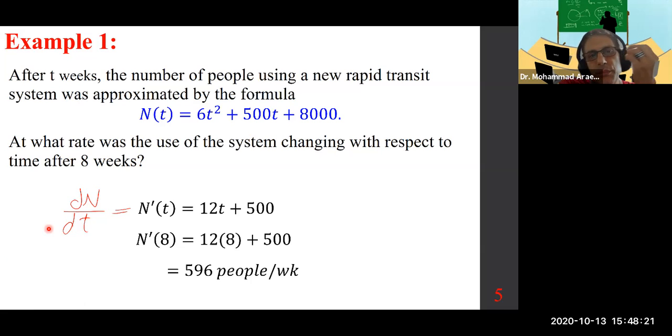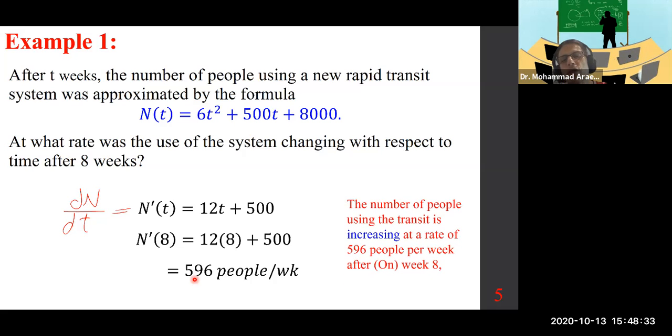The number of people that are using this transit on week 8 or after week 8 is increasing because this number is positive, increasing by this much. So the number of people using the transit is increasing at a rate of 596 people per week after or on week 8.